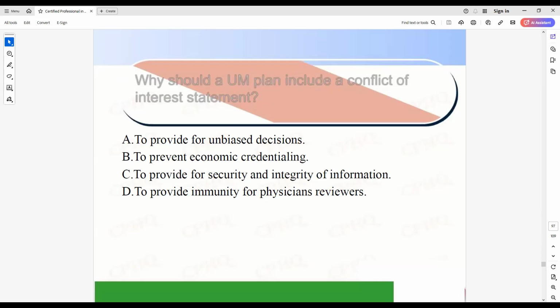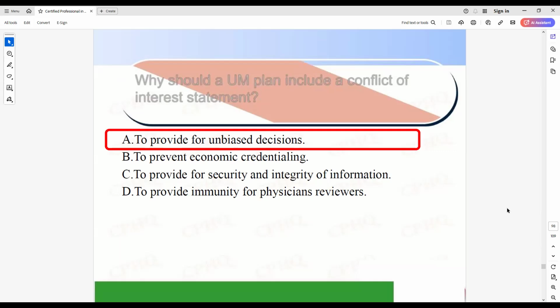Okay, so the concept of utilization management, as we said, has to do with reviewing utilization, whether something is underutilized or overutilized. It deals with financial decisions also, and reports and so on. A conflict of interest, regardless of utilization management, is actually about removing bias from any decision that you're taking.